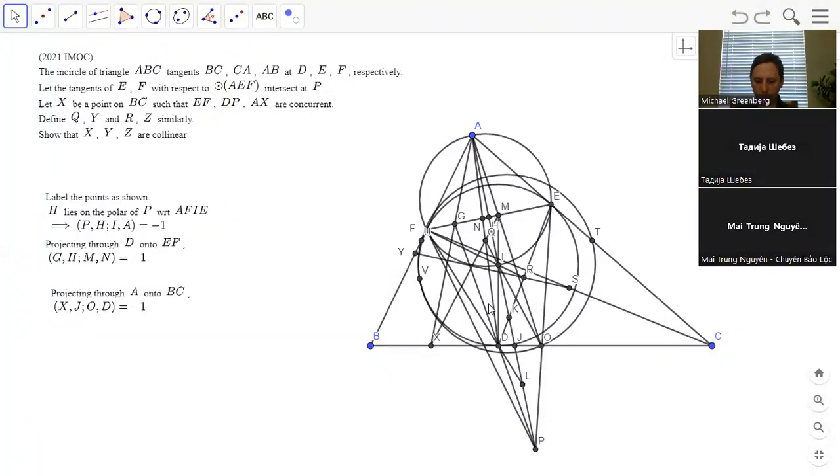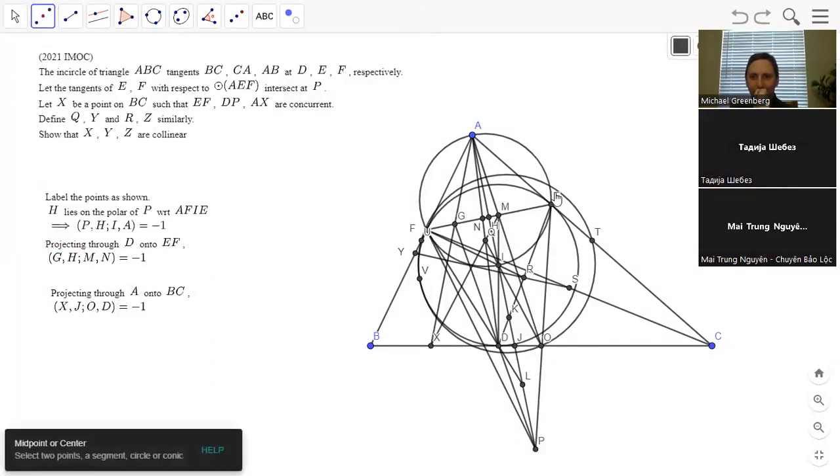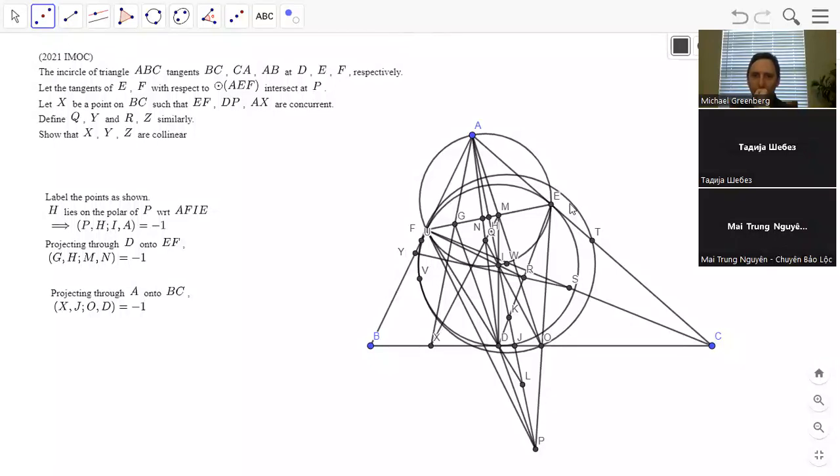Yeah, we need Sir Dart here. So this is the 9-point center. Obviously, those are collinear.